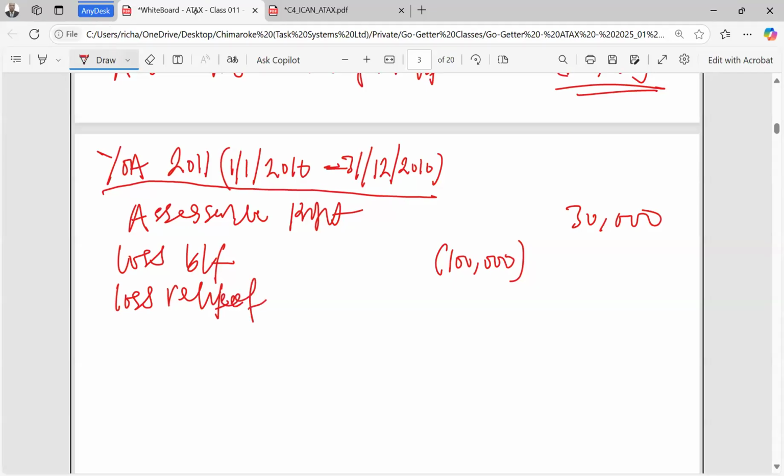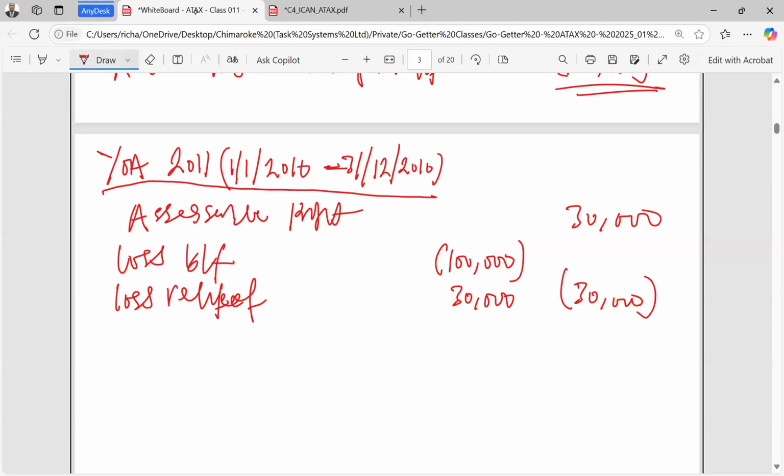You can only relieve 30,000 that you can carry. So now, you see here was minus or bracket 100,000. When you want to relieve under here, you put it without the bracket. You write the same thing here, 30,000, but this time in a bracket.